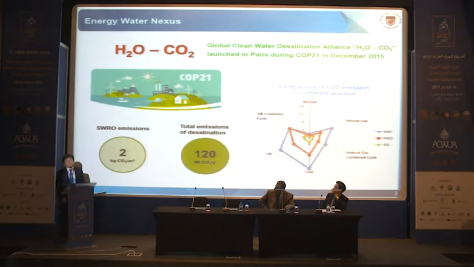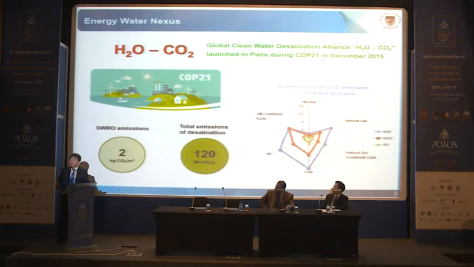As you can see from this diagram, the CO2 emission from a normal desalination plant is pretty high. So we need to make more effort to reduce CO2 emission from desalination plants. One of the options that we have is the RO process.